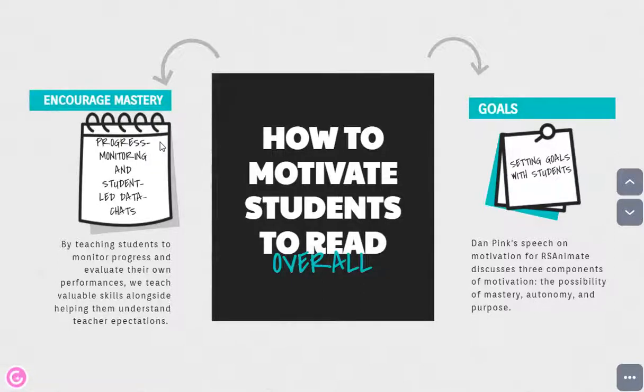And then goals, setting goals with students. So this is actually one of my favorite speeches, but Dan Pink's speech on motivation for RSA Animate discusses 3 components of motivation: the possibility of mastery, autonomy, and purpose. So in this speech, Dan Pink discusses how extrinsic motivation only works to a certain extent.